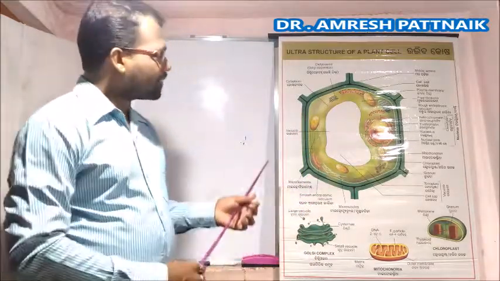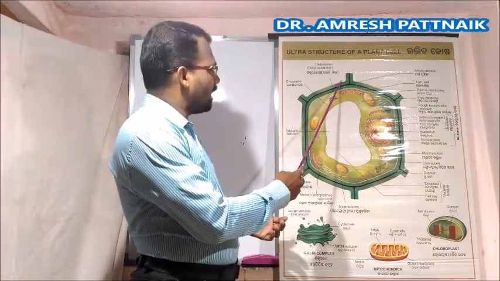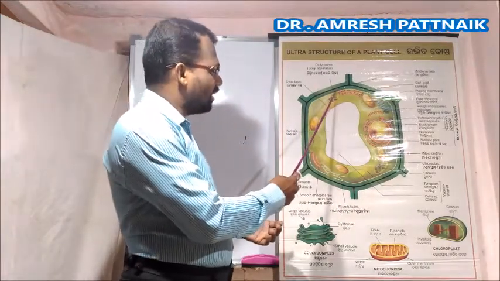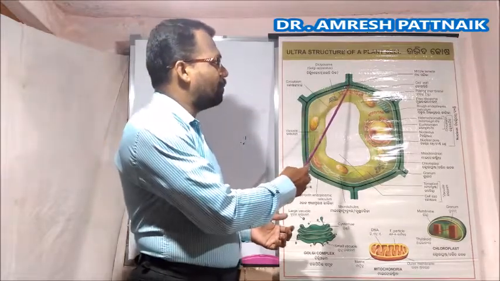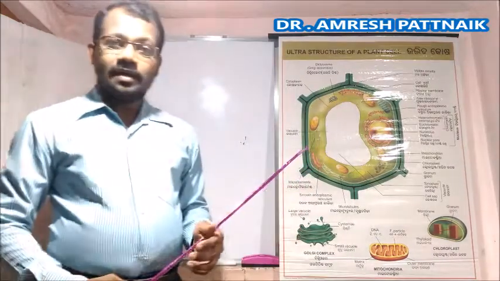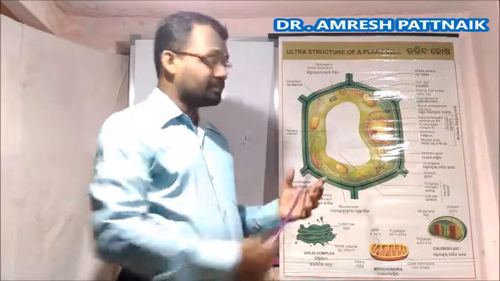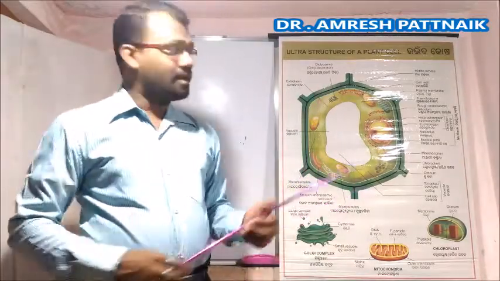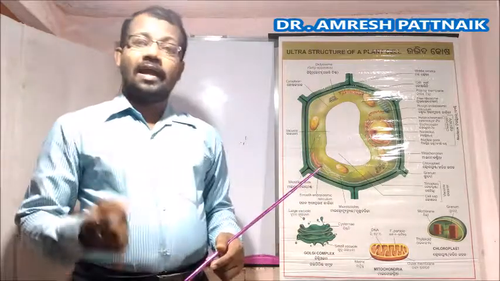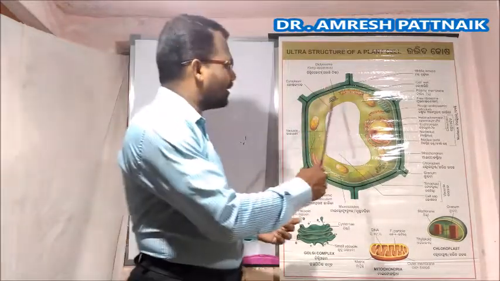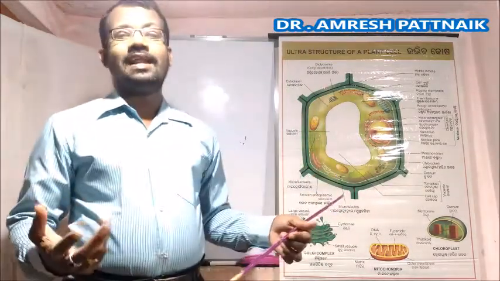You can see this is the upper layer, this is the lower layer, and this is the middle layer. The upper layer is ectoplasm, the lower layer is endoplasm, and the middle one is middle lamella.